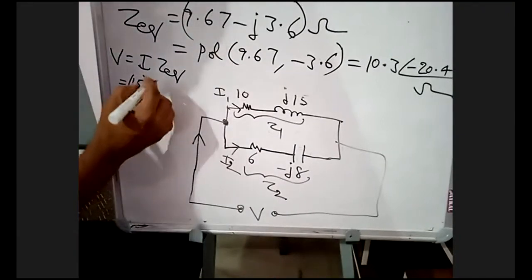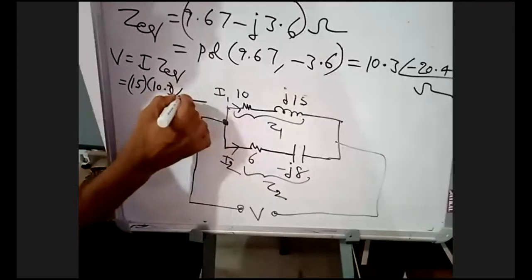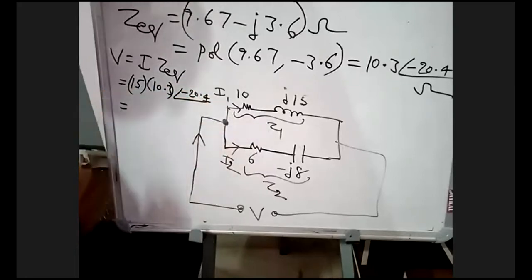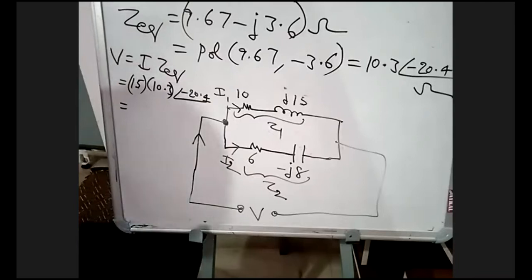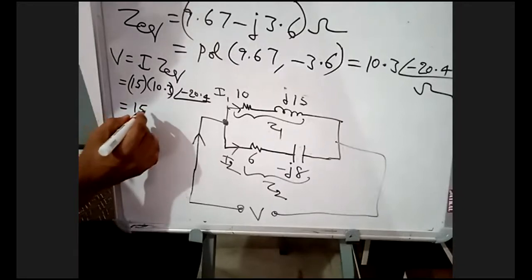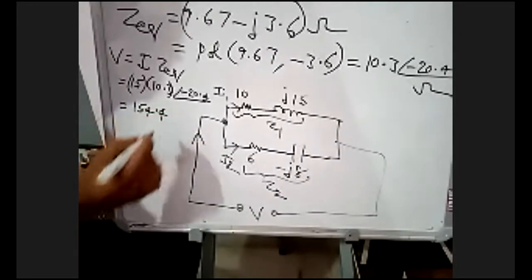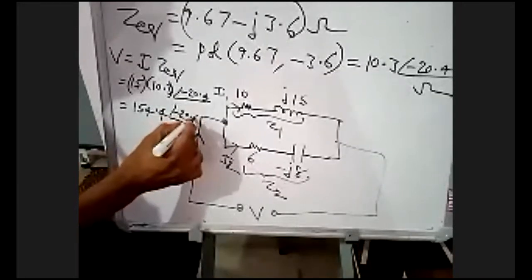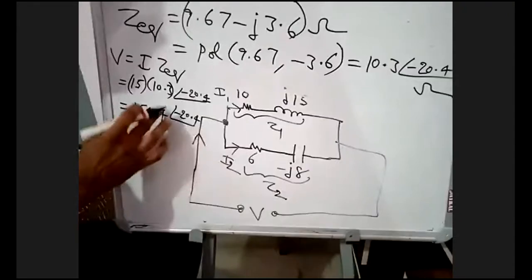What is Z equivalent? 10.3 at an angle minus 20.4. That is equal to 154.5. Are you getting this 154.4? Yes, sir. Okay, no problem.